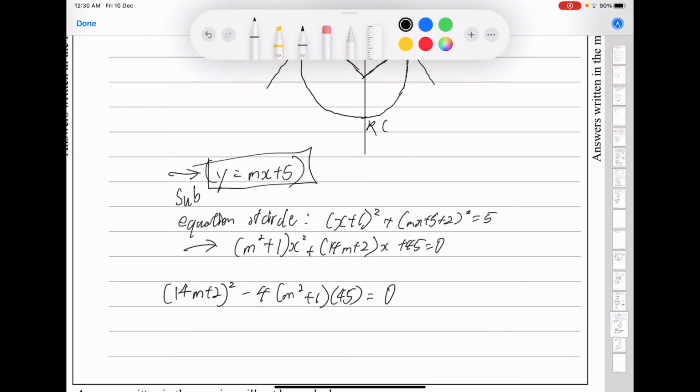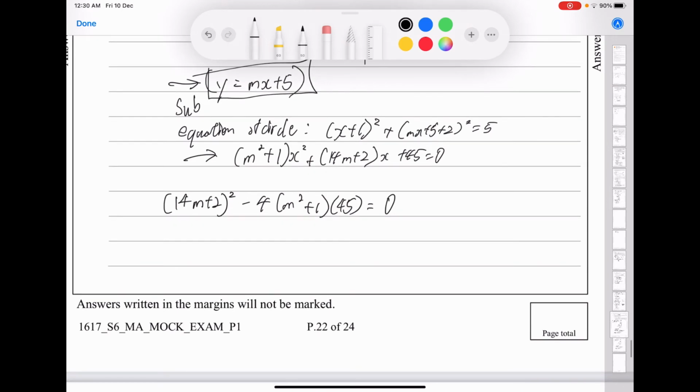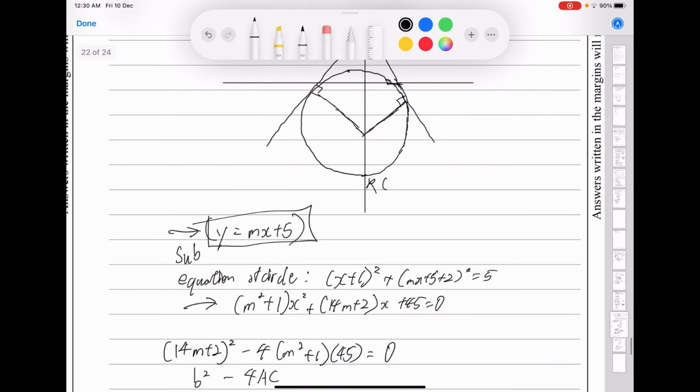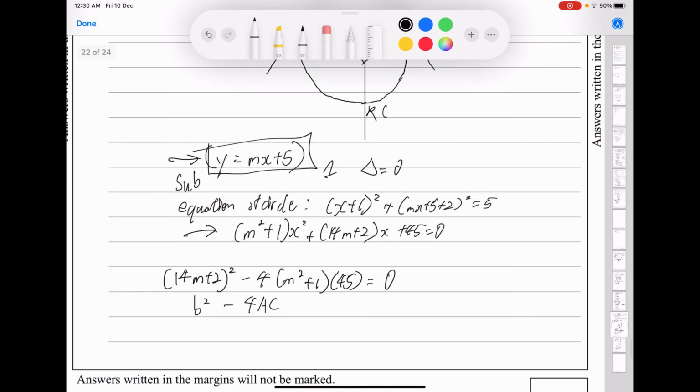Because this one is actually b² − 4ac. As the tangent only has one touching point, delta would be equal to 0. So this basically implies the delta. Okay, so after a bunch of calculations, you will find that m equals 2 or m equals −11/2.